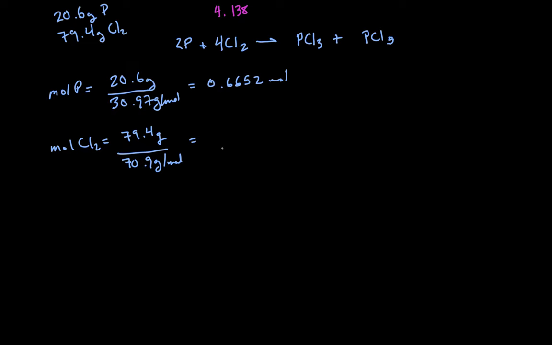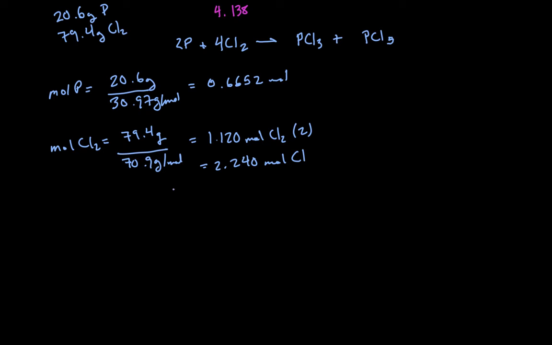And that gives us 1.120 moles of Cl2. We're going to be dealing with chlorine in singles here, so we multiply this by 2 to give us the moles of Cl. So this is equal to 2.240 moles of Cl, and this we can multiply for 3 and for 5 here.